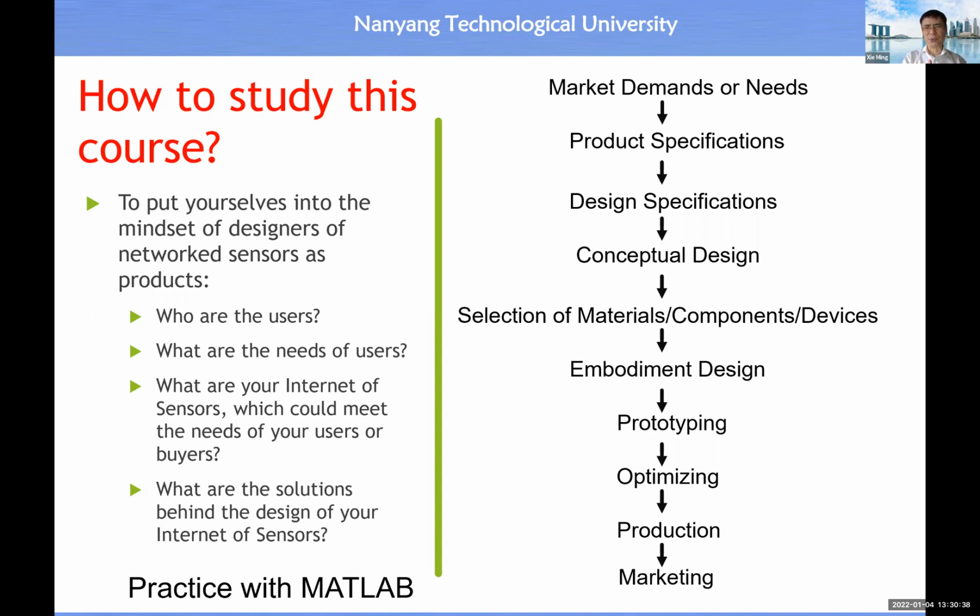So the answer to question number one should be human beings and smart products, smart systems, and smart machines. The answer to question number two should be the need to have sensory data. The answer to question number three depends on the specific nature of the user.